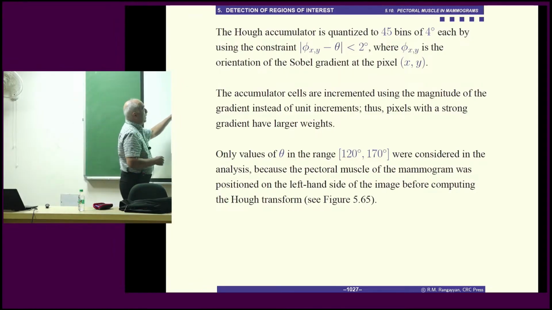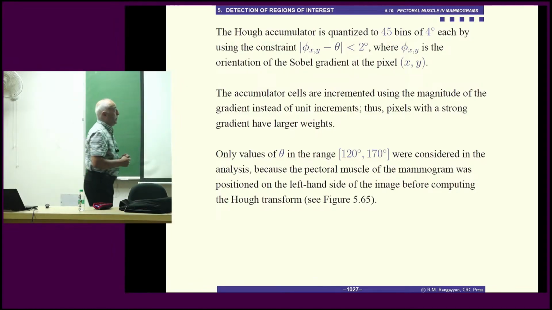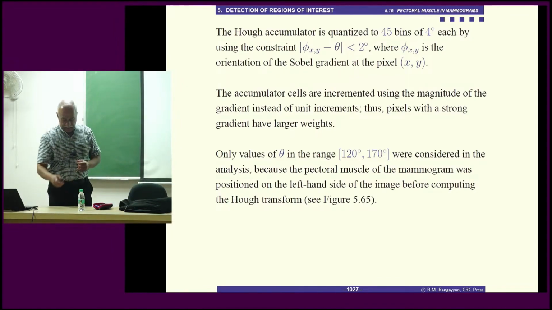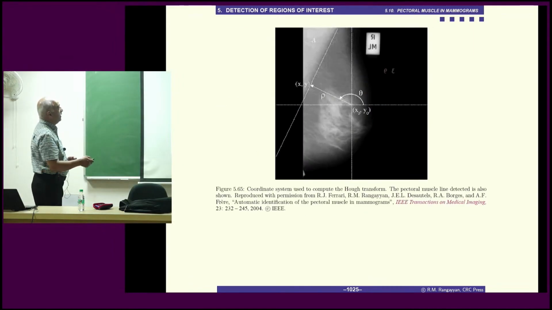So theta values only in 120 to 170 degrees were considered in the analysis. But we don't need 0 to 180 degrees. You don't have to go the whole range because the pectoral muscle will be like that. It cannot be like this. So it could be maybe like that. It cannot be vertical.